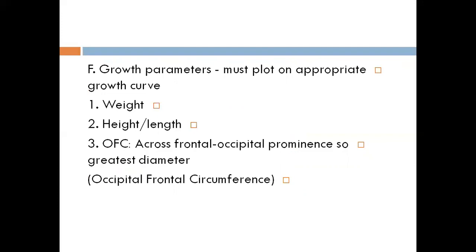By OFC we mean occipitofrontal circumference, which is between the most prominent anterior point and the most prominent posterior point. When I want to measure it, we call it OFC, occipitofrontal circumference, and this is very important in the growth of children. We measure it by placing the tape measure between the most prominent point anteriorly and posteriorly, and measure 3 times, and I take not the average but the largest one, and I must plot it on the chart and see the actual value.